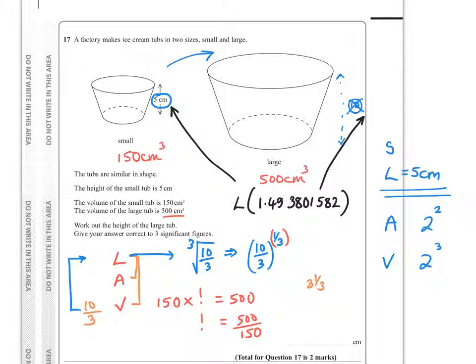So times by 5, and I get 7.46900791. But it wants it to 3 significant figures. So the 9 does change this 6 to a 7. So my final answer would be 7.47 centimetres to 3 significant figures.